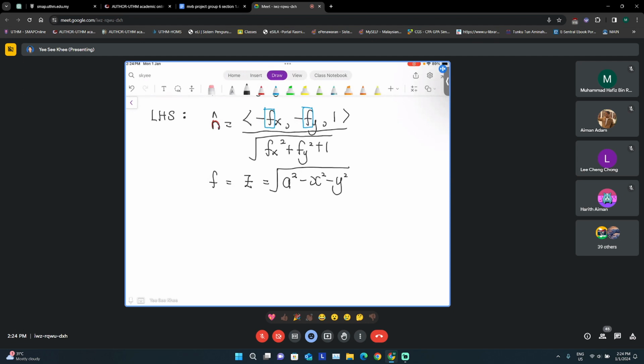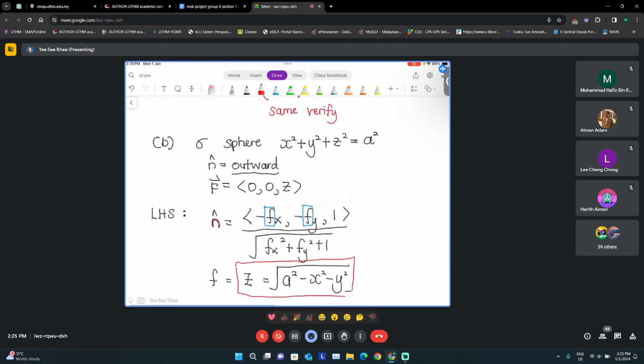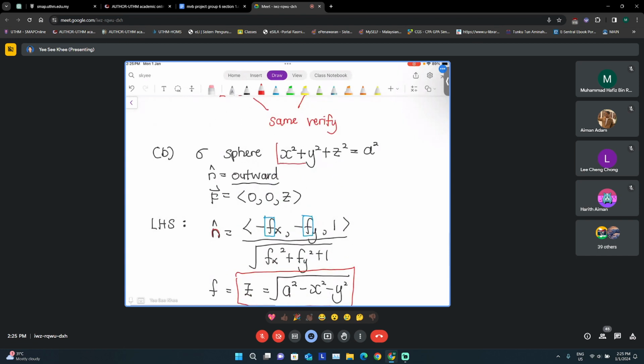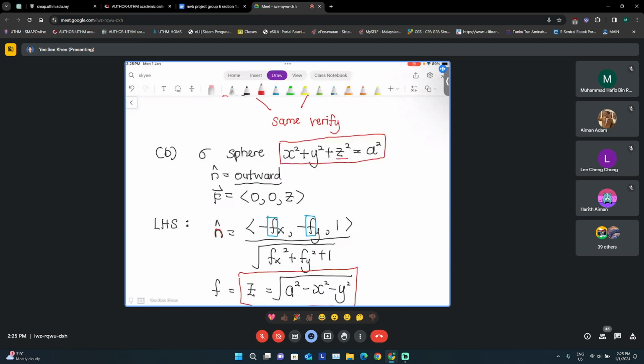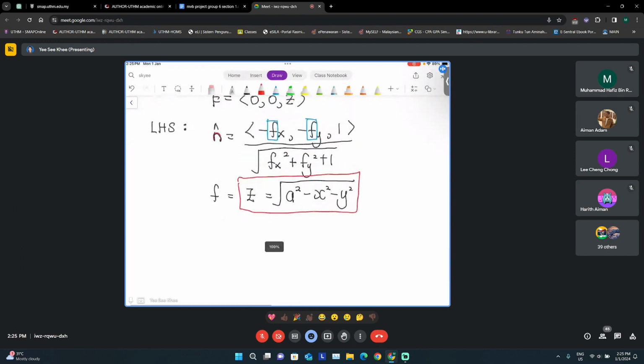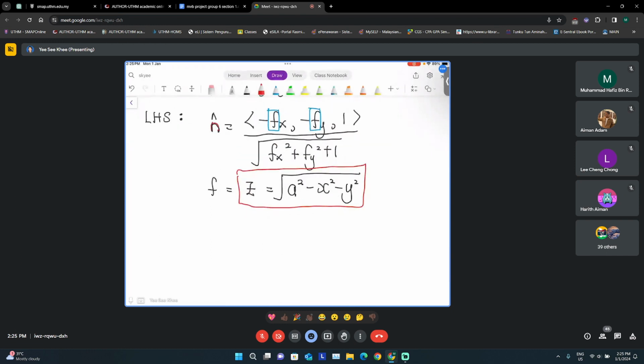You might be asking where this is from. This is the equation of the sphere over here. If you keep z at the left hand side and move y and x to the right hand side, you could get this.